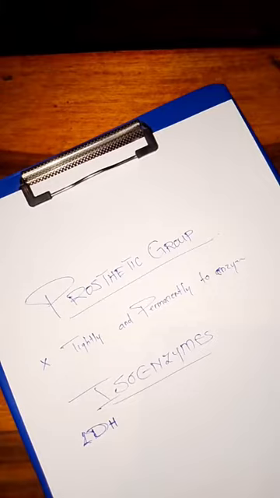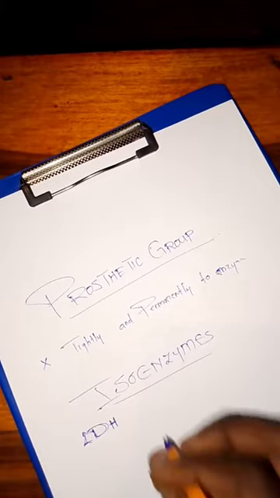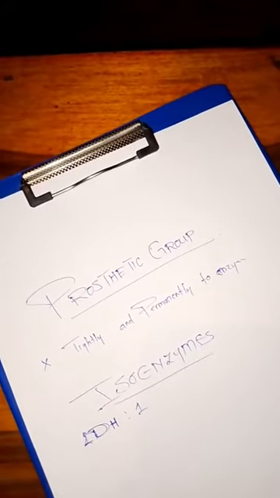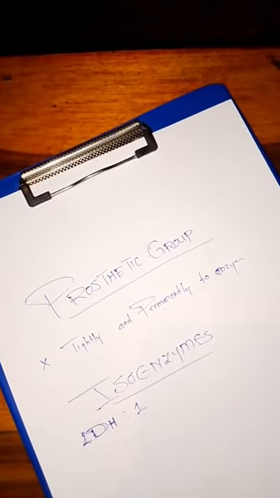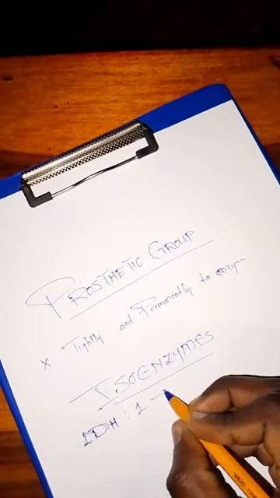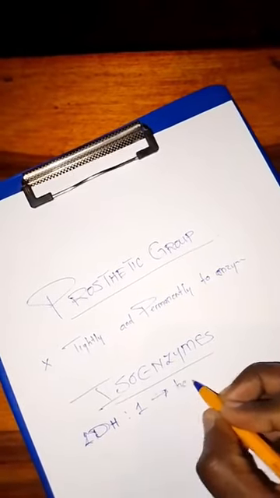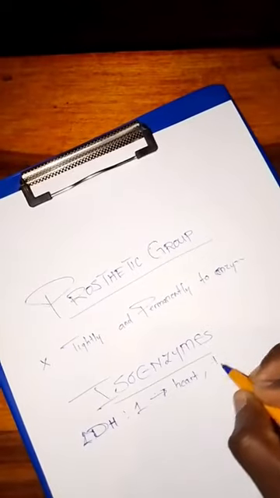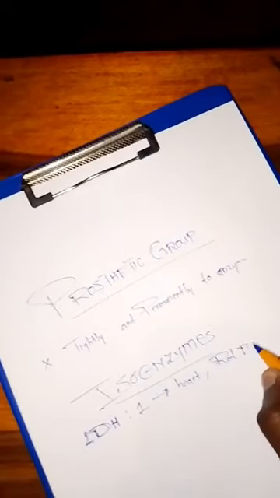So we have LDH1, lactic dehydrogenase 1. These enzymes are used in the diagnosis of heart conditions, like if someone is having a myocardial infarction, you're going to find that LDH1 is present. They are also used for conditions that have to do with red blood cells.